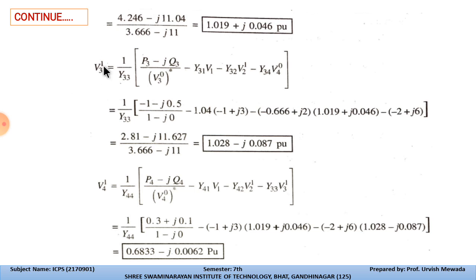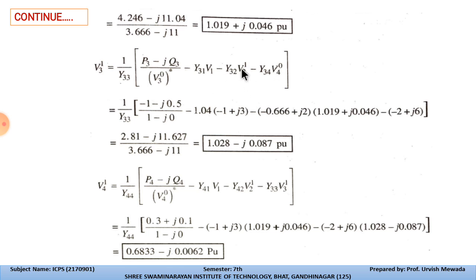So the next is v31. So v31 is 1 upon y33. This is the equation which is common, so we are finding for 3. So each and every place the y will be y31, then y32 and y34, and the diagonal admittance is y33, and put all the values which are given in the data.